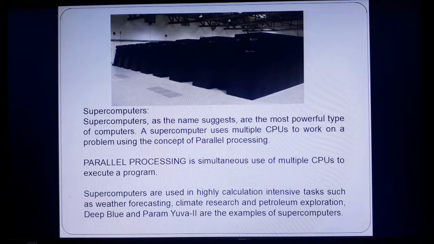Parallel processing is the simultaneous use of multiple CPUs to execute a particular program. Means multiple CPUs can work at the same point of time to execute a program. Supercomputers are used in highly calculation-intensive tasks such as weather forecasting, climate research and petroleum exploration, etc. Deep Blue and Param Yuva 2 are examples of supercomputers.